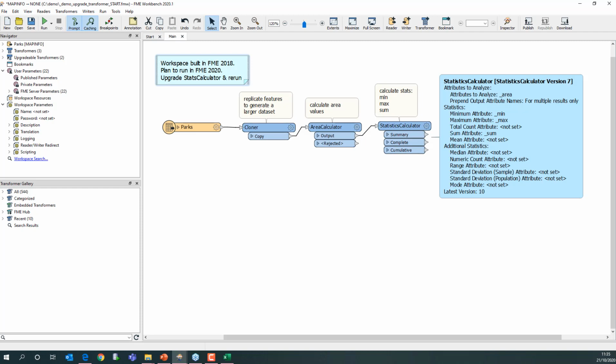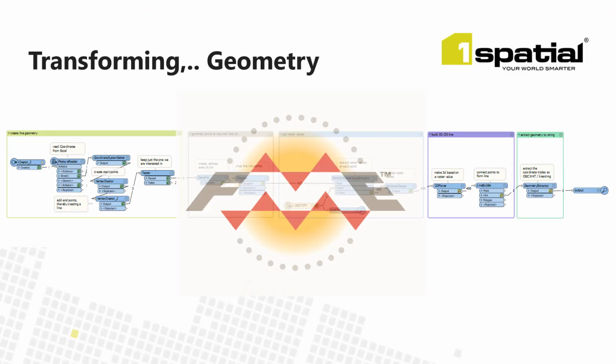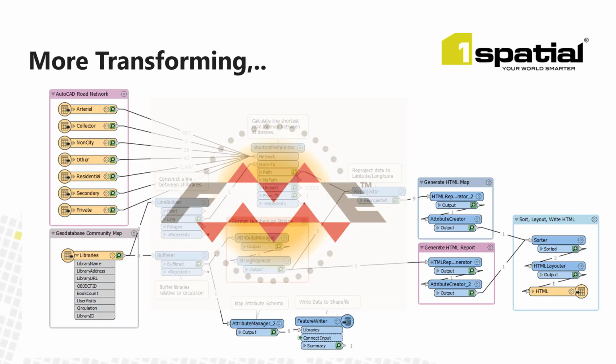Okay, if I can find my way back to my slides. Okay, just one final example. So another example really just of showing you some different transformers. This time, combining geometry and attribute manipulation, and creating an HTML page, so a web-based report from it.